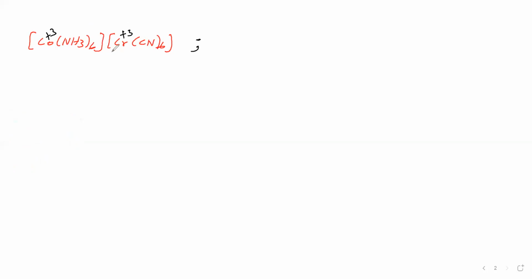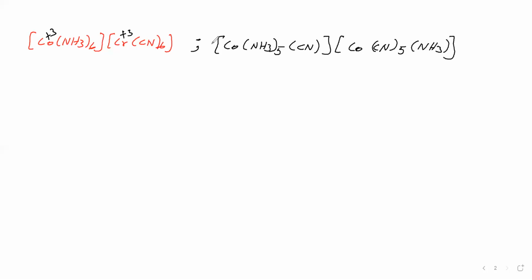One NH3 let it come here, one CN let it go here. One NH3 is replaced by cyanide, and one cyanide is replaced by NH3. We got this compound.